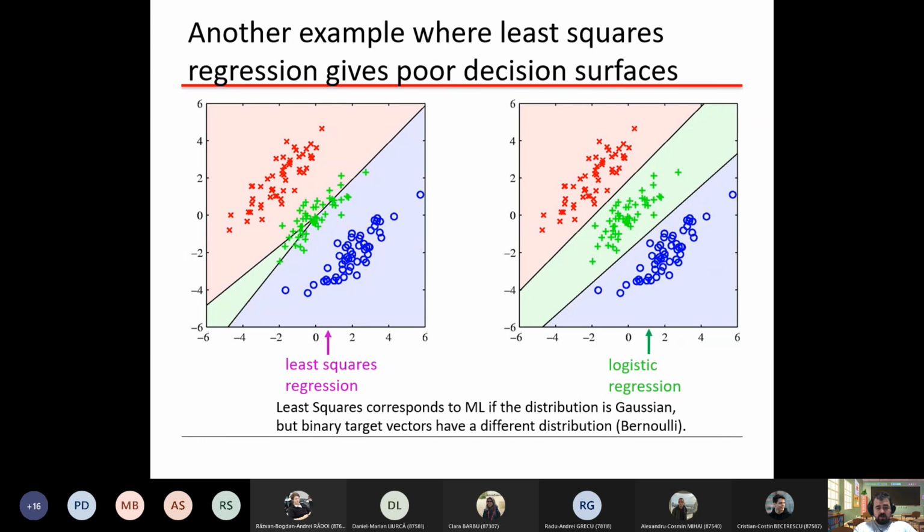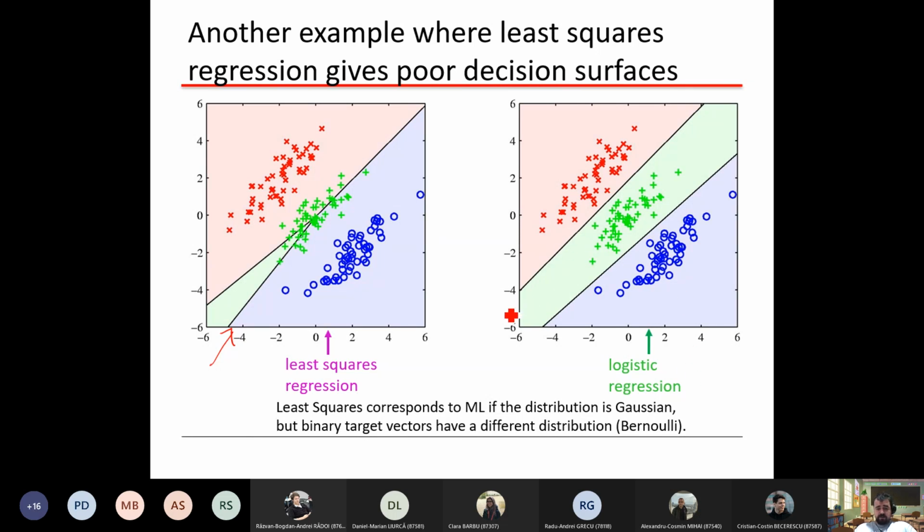And this is how least squares regression would do on a data set that is not Gaussian. What we have here is a data set with a Bernoulli distribution. We have 3 different classes that are not Gaussian distributed. Logistic regression will work fine.